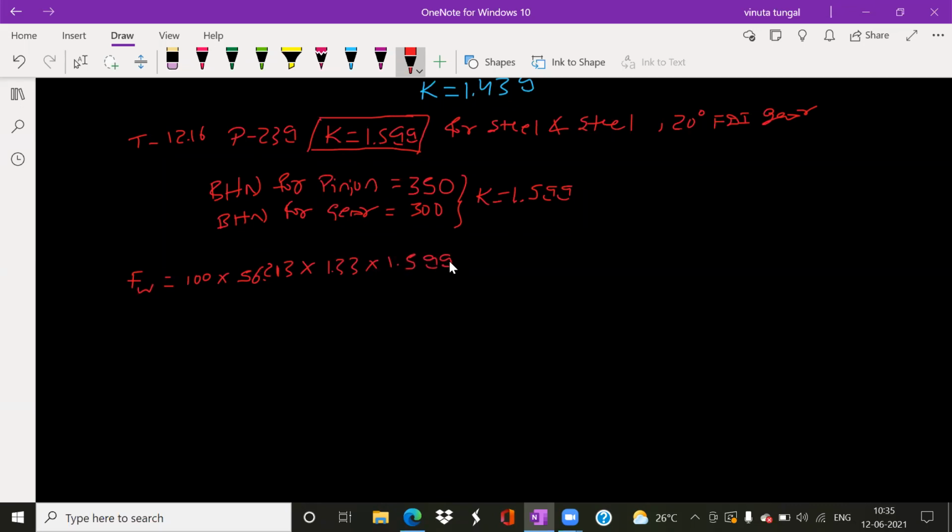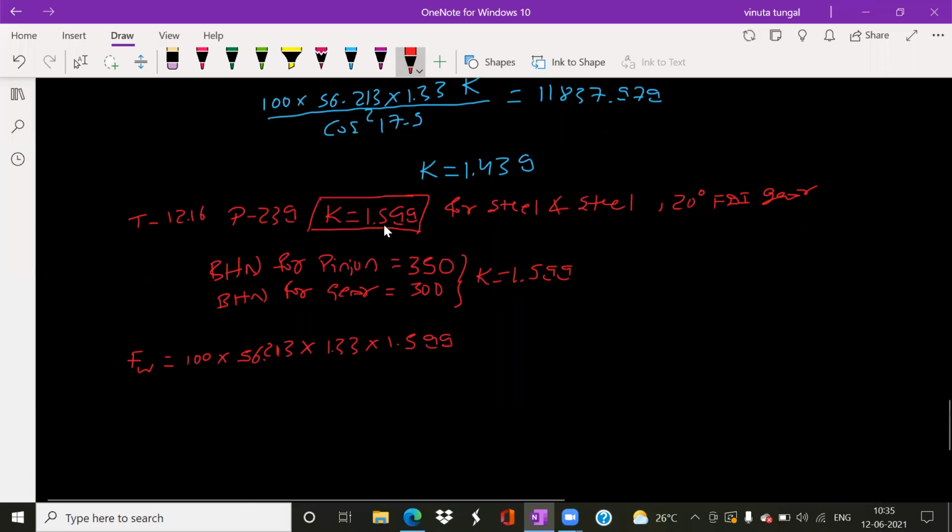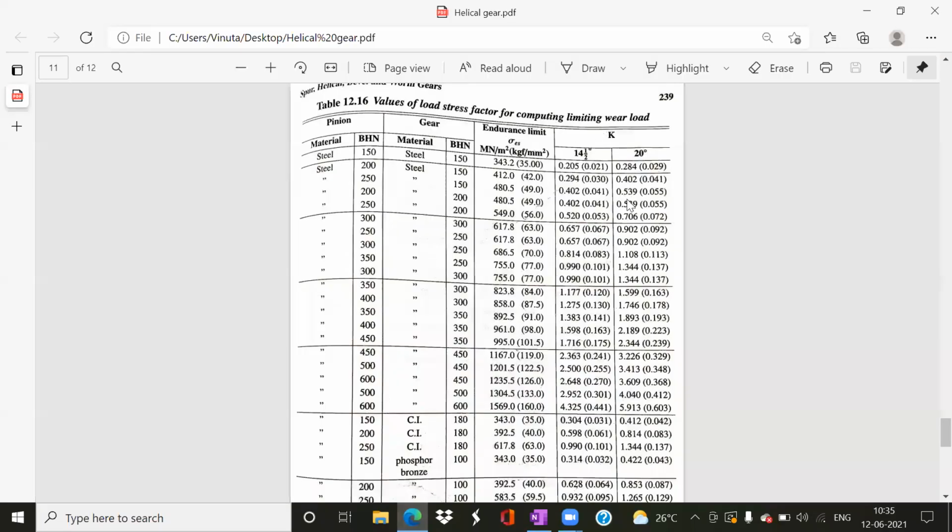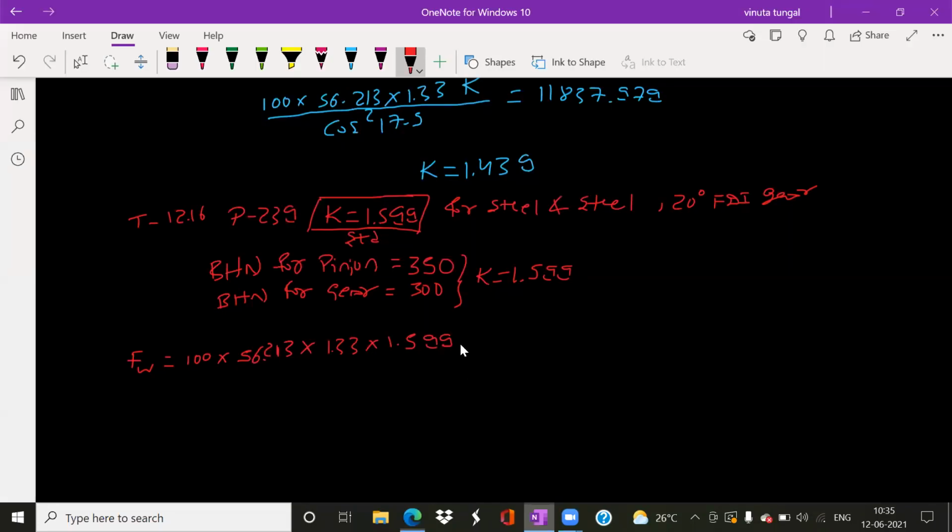Don't write this K value 1.43. Why? Because from the table, this is the standard K value. Whatever standard load stress factor you obtained, this value has to be written. K divided by what is there below this?